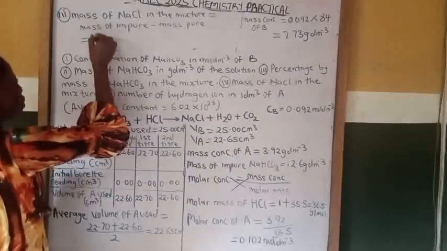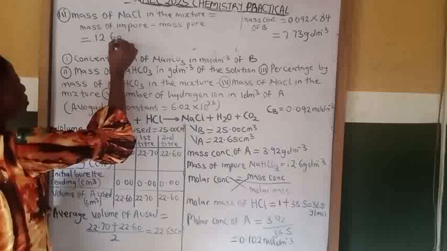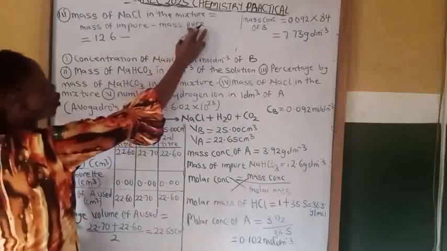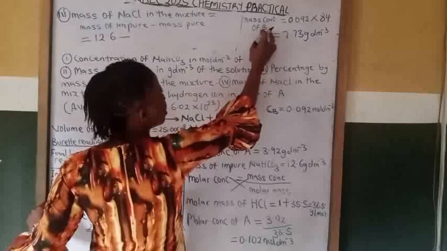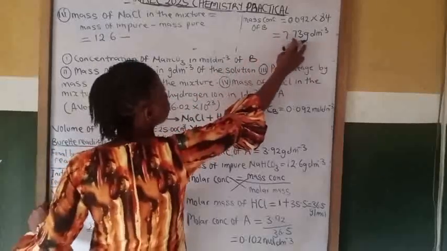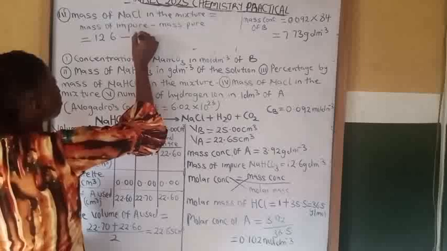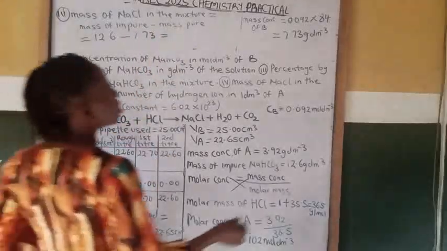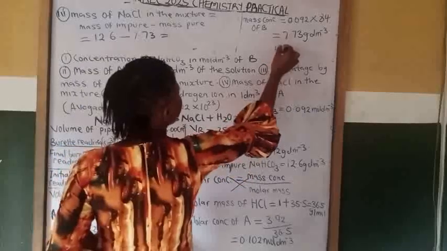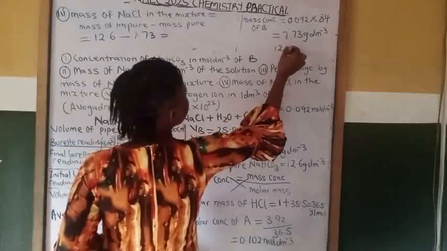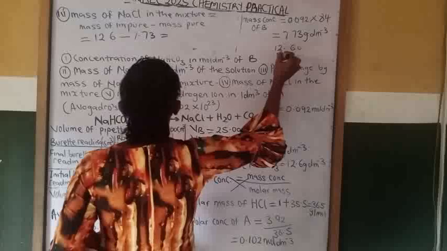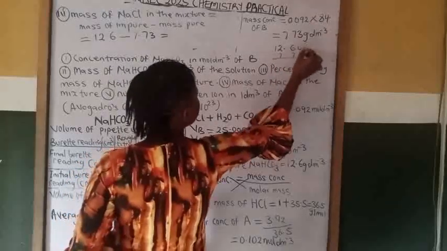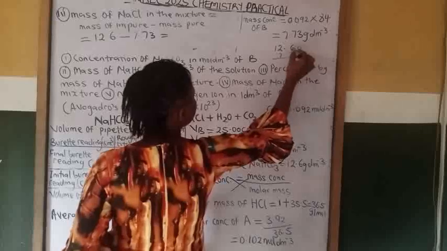So 12.6 minus the mass of pure. Our pure substance is the mass of our base, which is 7.73. Let's solve that out. 12.60 minus 7.73. 10 take away 3 is 7, 6.